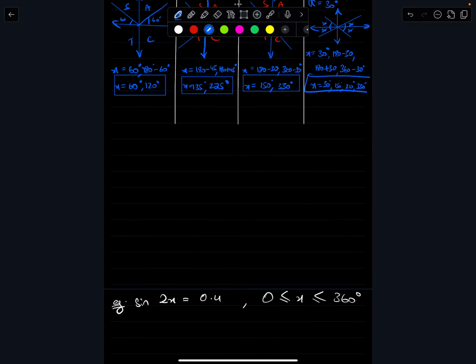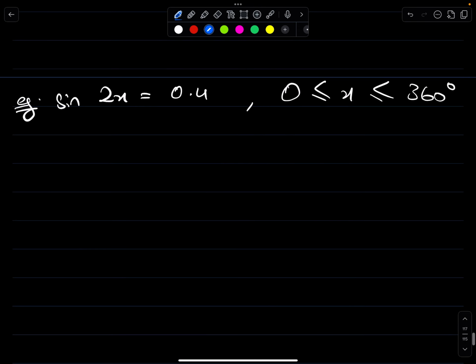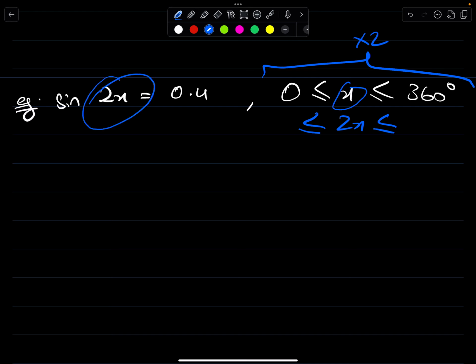Let's move to examples where we have to alter the range. So, in this case, the angle in the range is not consistent with the angle in the equation. Thus, we need to alter the range. And we will multiply everything by 2. So, we have a 2x here.